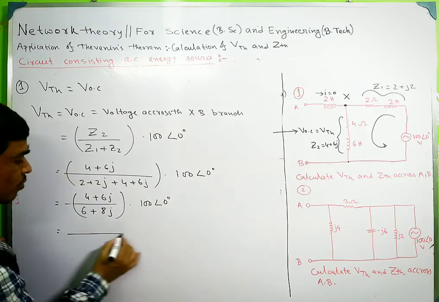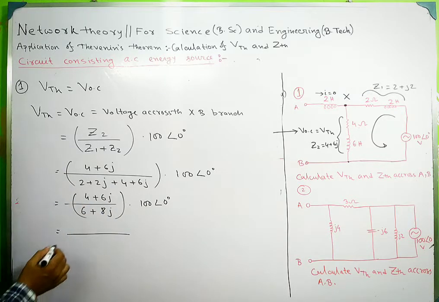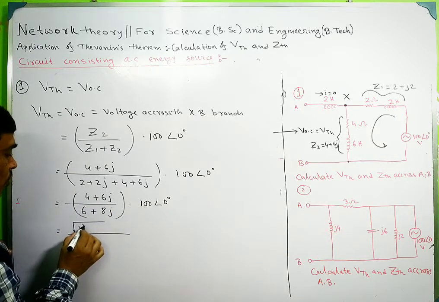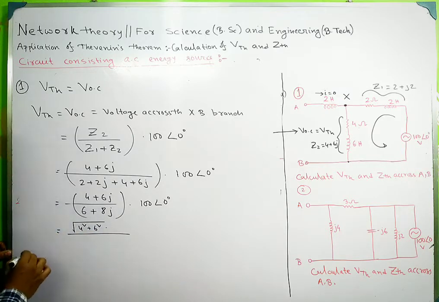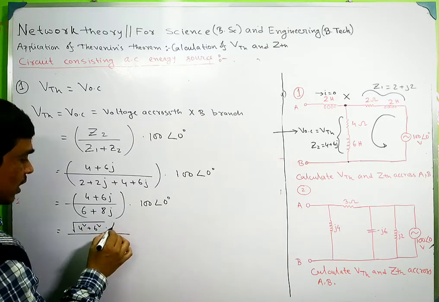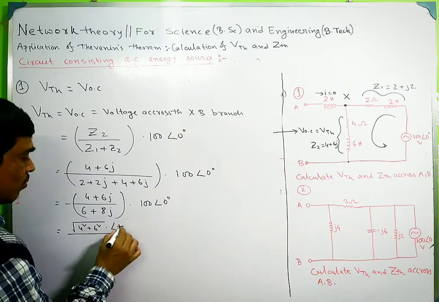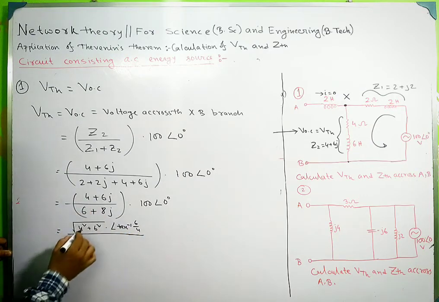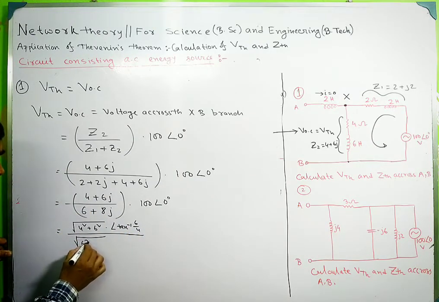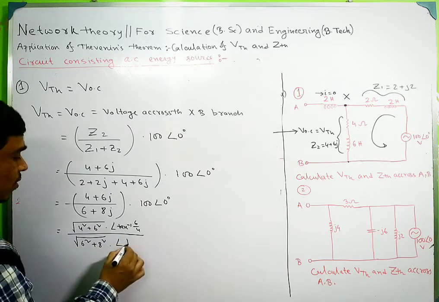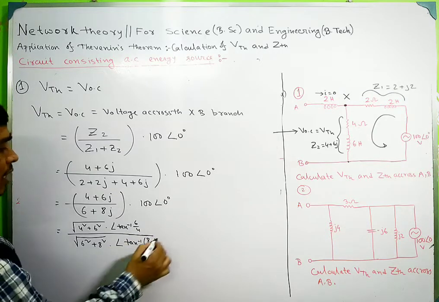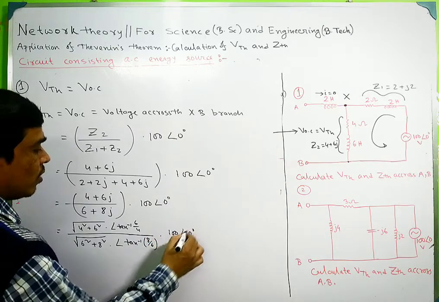So if I transform it into polar form, it will be square root of 4 squared plus 6 squared, this is the R, angle theta, where theta is tan inverse 6 by 4. And the denominator is square root of 6 squared plus 8 squared, angle theta, where theta is tan inverse 8 by 6, multiplied by this.